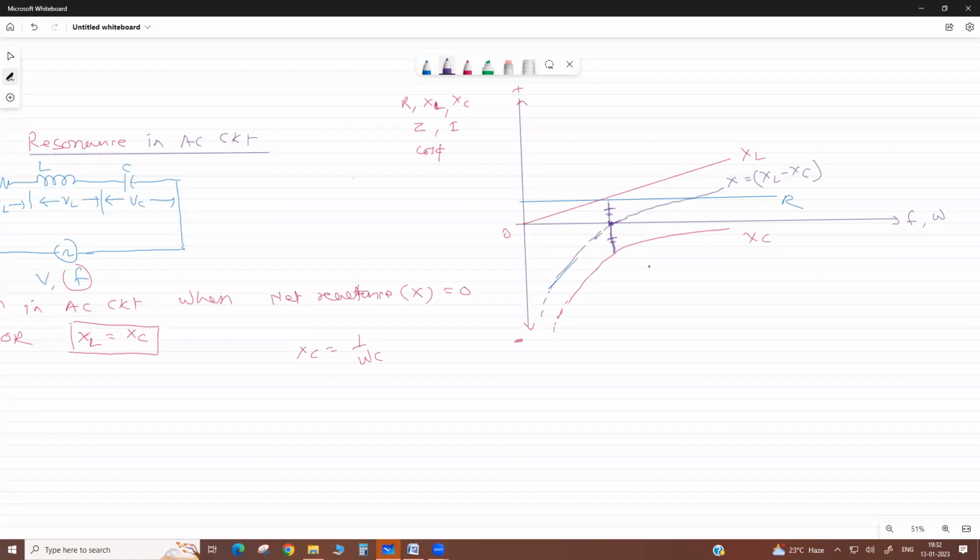This is your X. What is the frequency at this point? F naught, suppose, or omega naught. That is called the resonance frequency, or frequency of resonance.